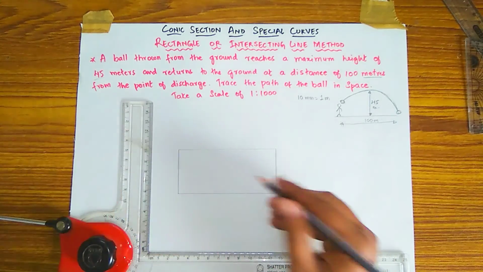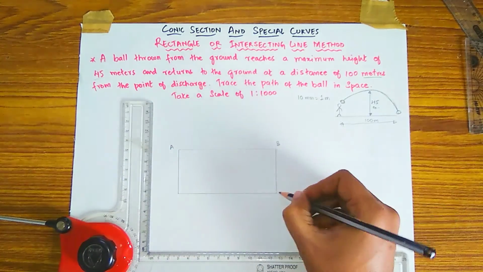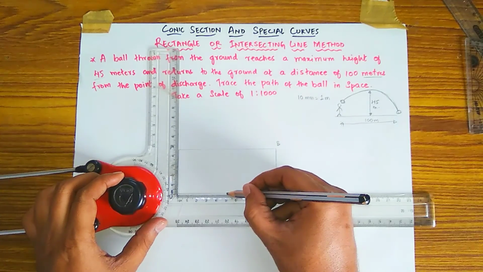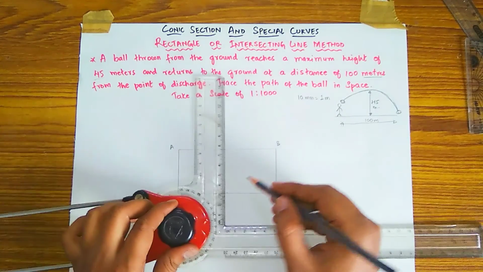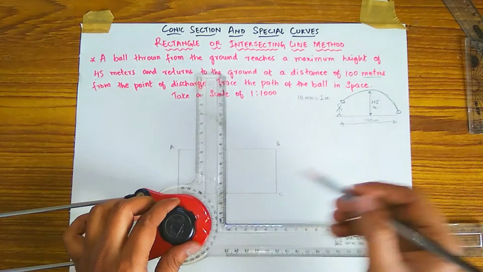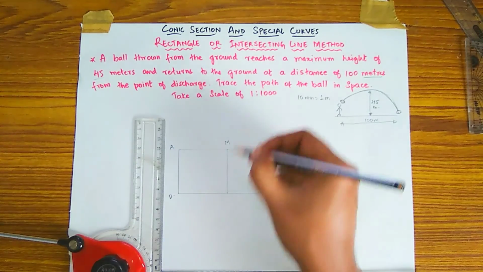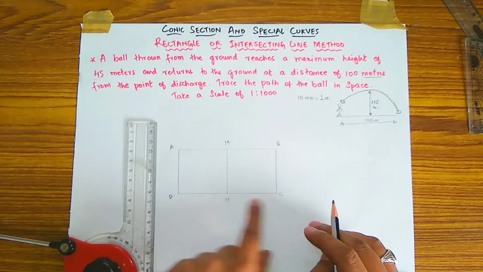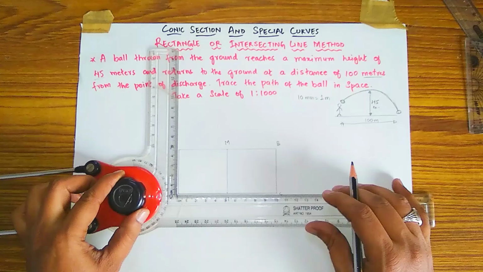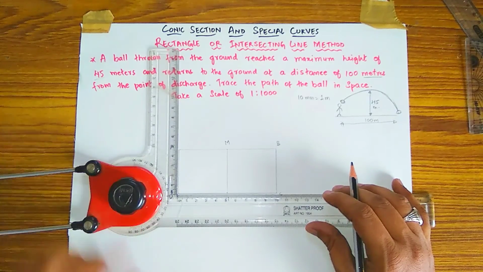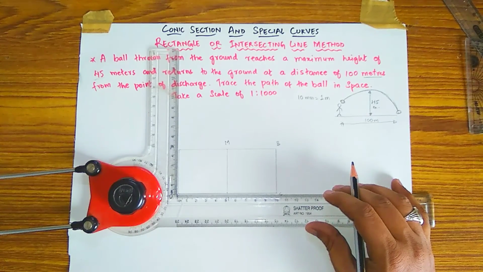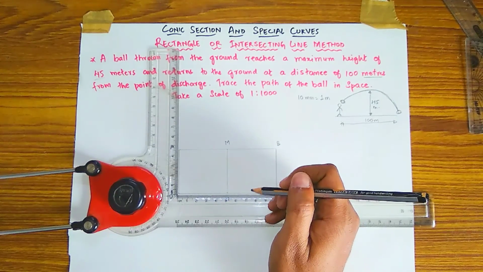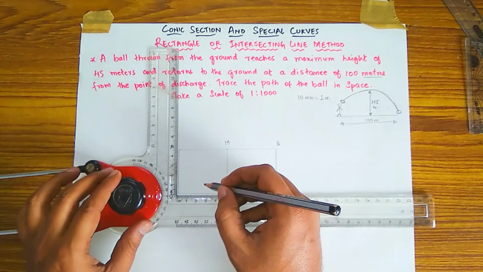After drawing the rectangle, label the points A, B, C, D. Then divide the length of 10 into exactly half, 5. Draw a line from this point and label it as M and N. Then we divide this line into 8 equal parts. The line is 10 centimeters, so if we divide it into 8 equal parts, each part will be about 1.2.